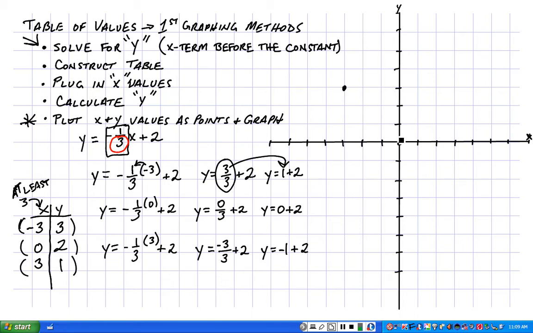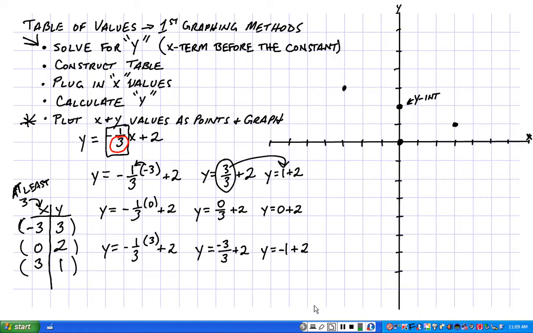Second point is 0, 2, and we talked about that. 0, 2, this point is on the y-axis, so it's called a y-intercept. Alright, this point right here, because it's on the y-axis, it's a y-intercept. 0, 2, and then you have 1, 2, 3, up 1. 3, 1 is your last point.